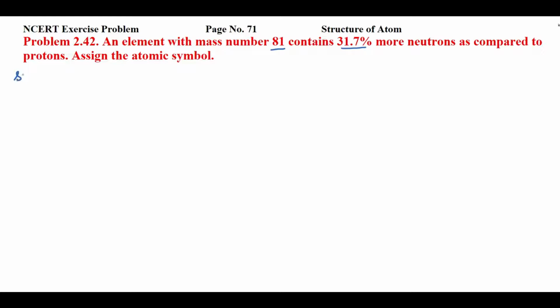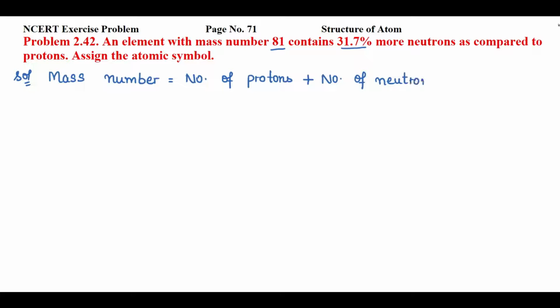So for this, we'll find the number of neutrons and number of protons. We can find it by the relation of mass number. So you can write over here: mass number equals number of protons plus number of neutrons, right?